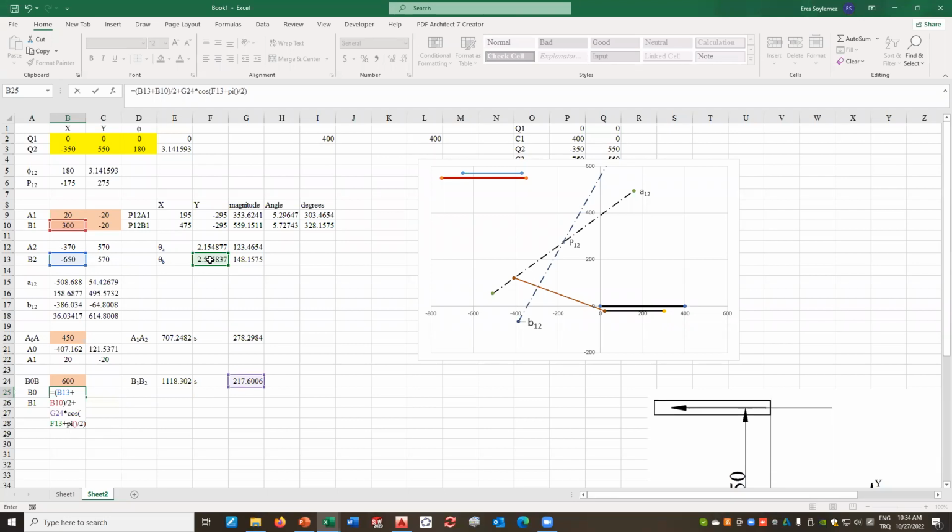Let me check. Yes. And y coordinate, let me show something else.